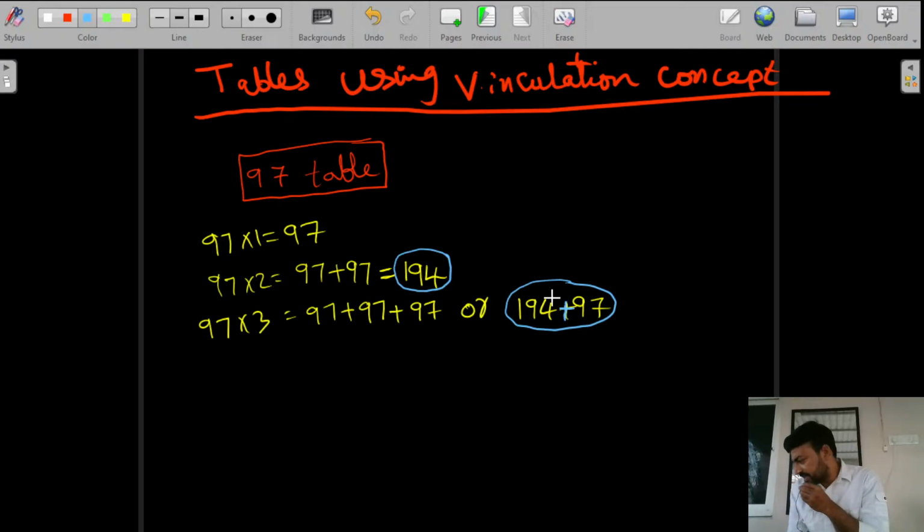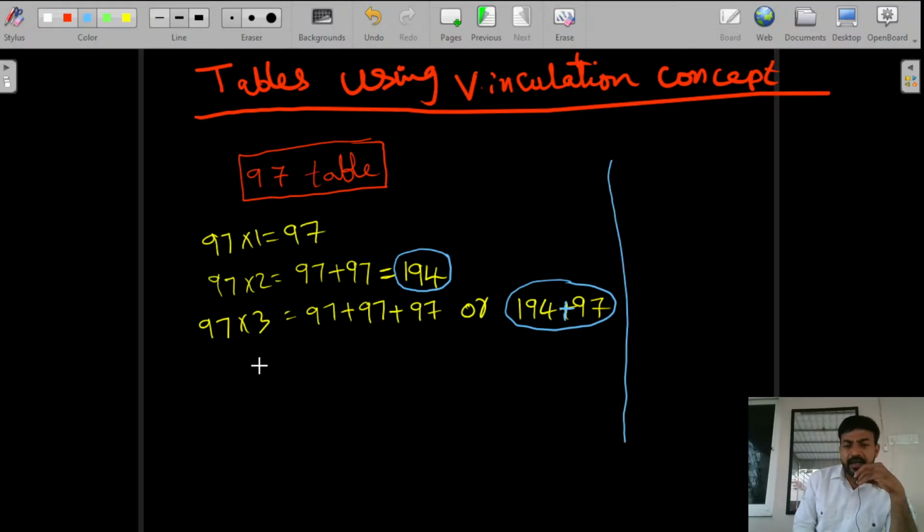Do you know this process? This is the structure of the tables. Did you understand? So based on this rule, we can make this 97 table by adding 97 each time, but we cannot do this till 97 20s or even 97 10s.